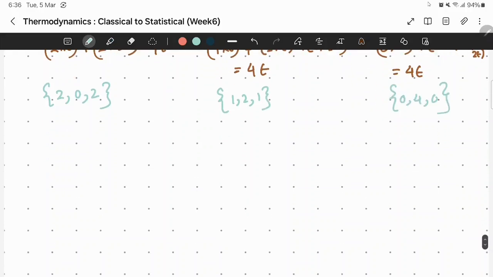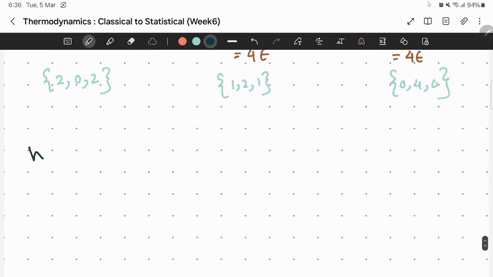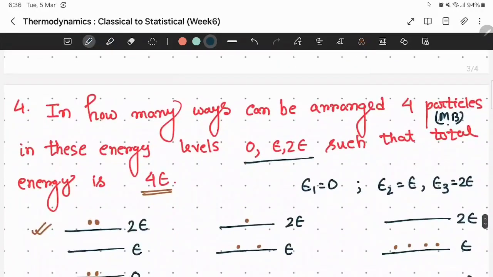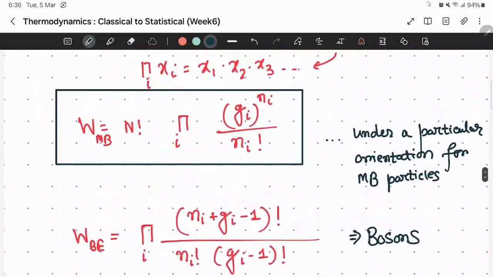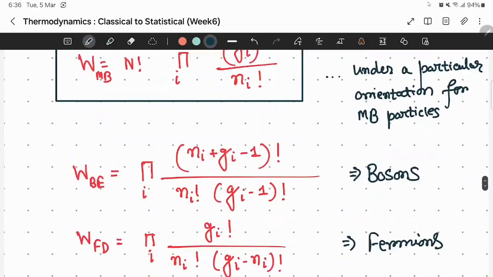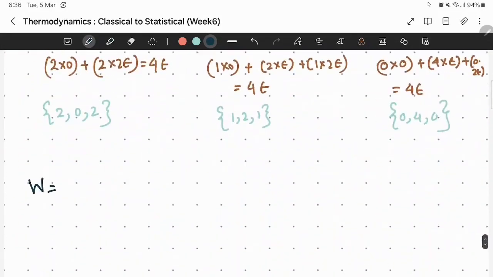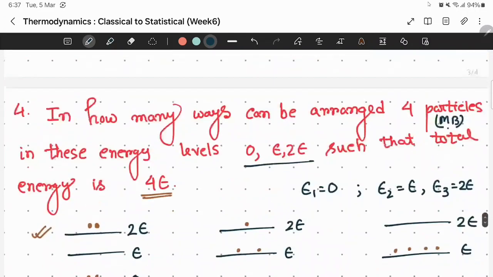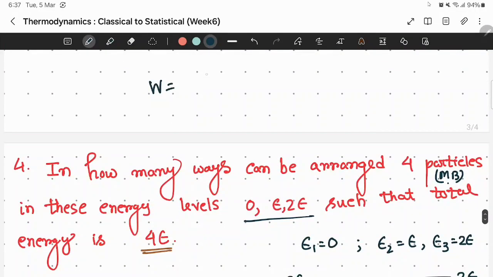Now we have to find out the number of microstates for this orientation. What is the formula? We have discussed this is the formula. But here degeneracy is not there. So we can just safely use the formula that W equals N factorial divided by the product of Ni factorial.